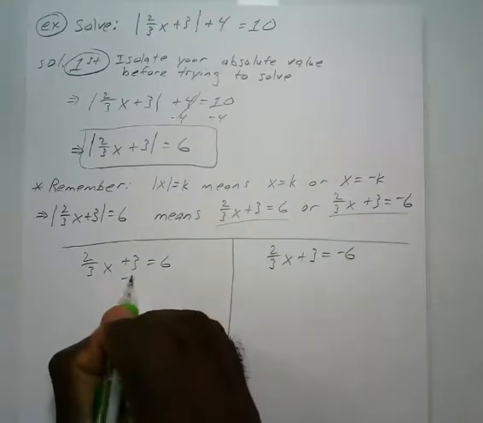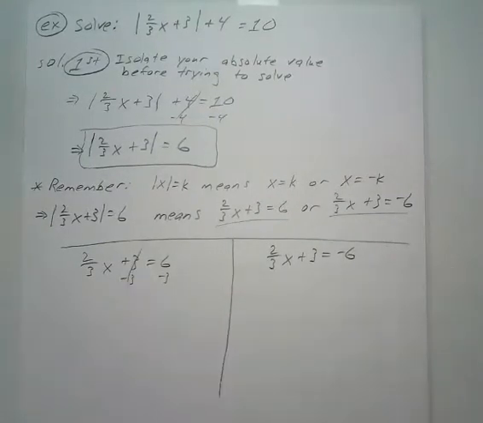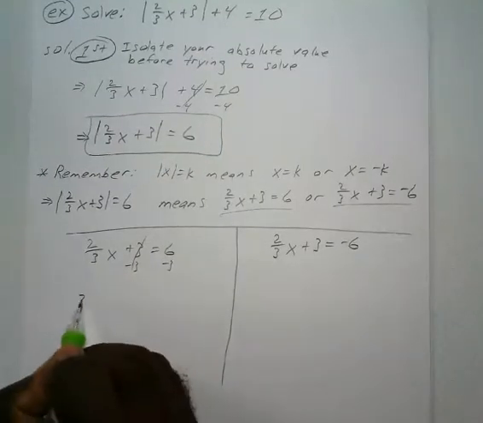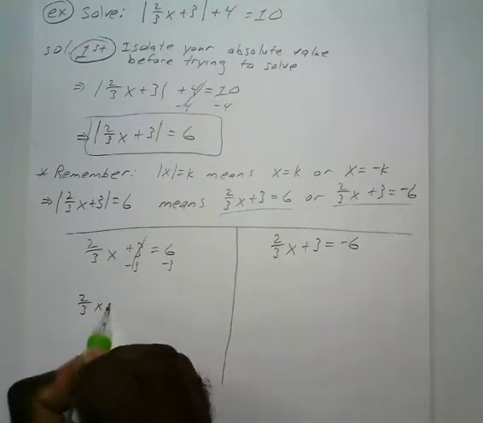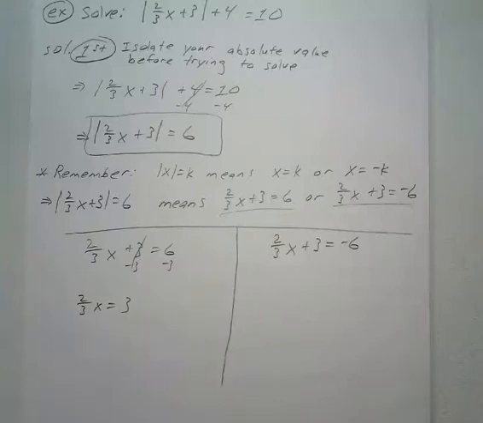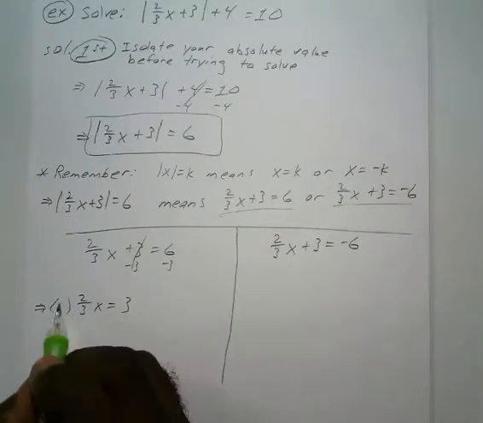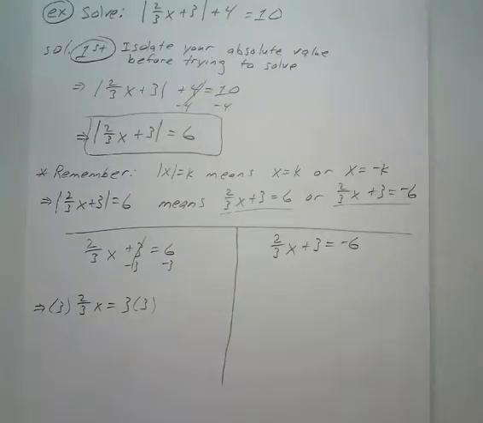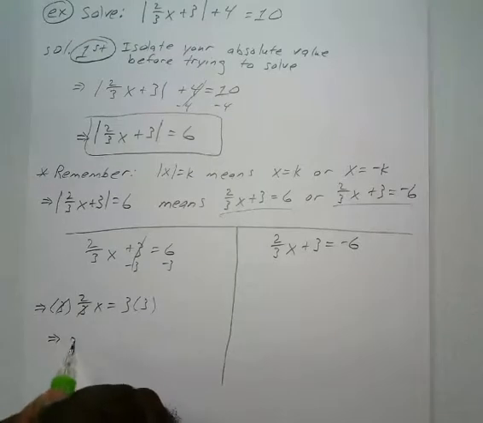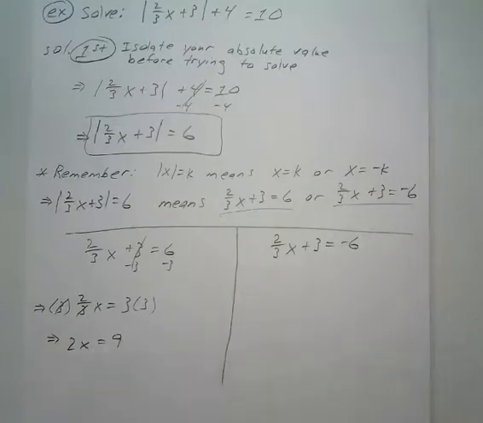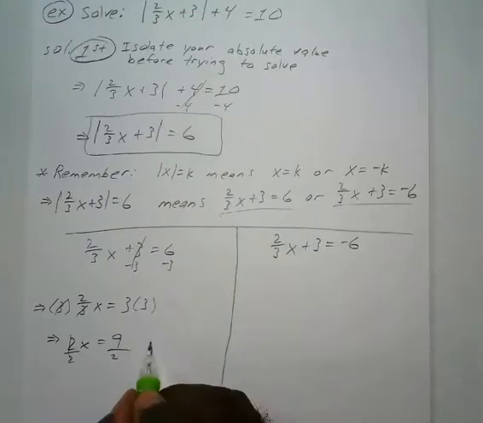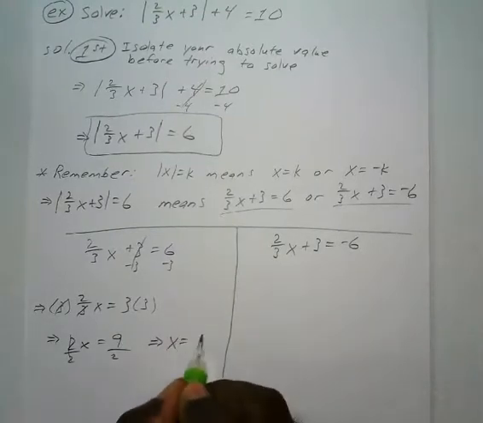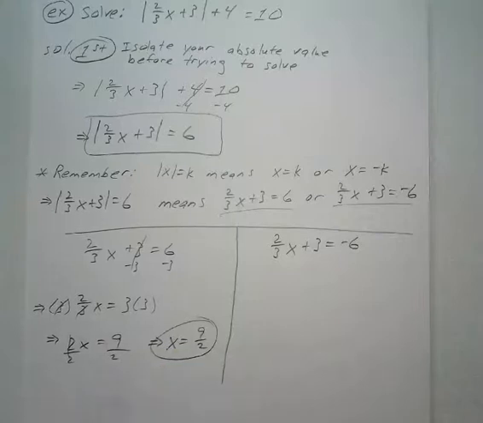For 2 over 3x plus 3 equals 6, we subtract 3 from both sides and have 2 over 3x equals 3. Multiplying both sides by 3, we have 2x equals 9. Dividing both sides by 2, we end up with x equals 9 over 2.